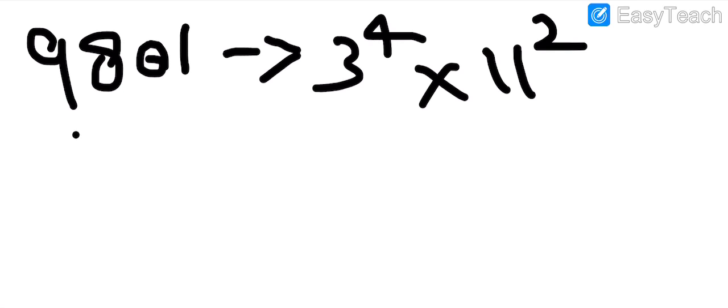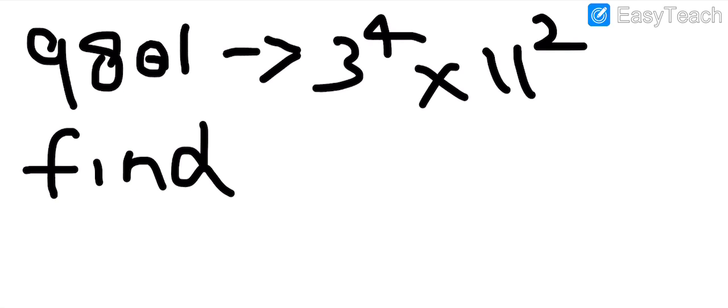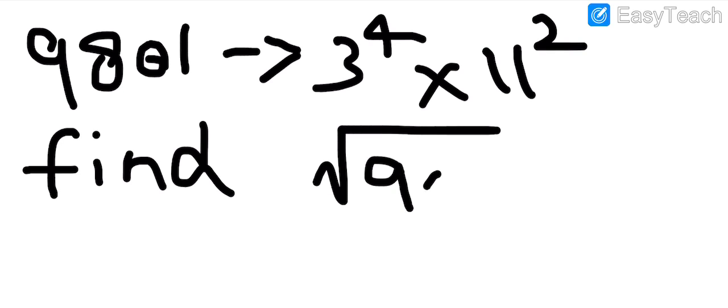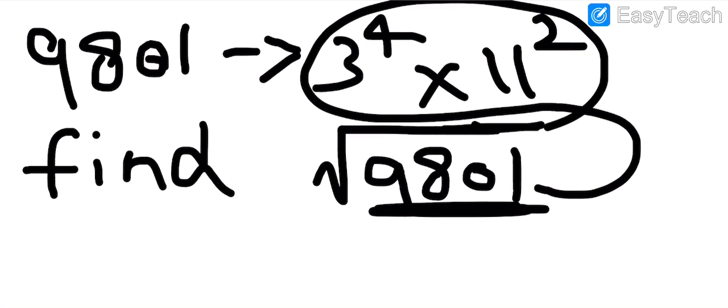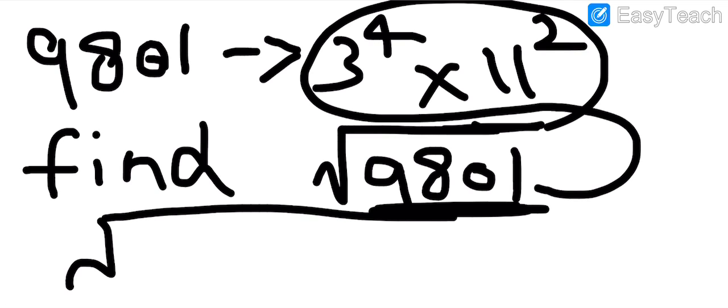Now they said find under root of 9801 without using a calculator. That's the condition they have given in question number 4. It's very easy since they already told us that this thing is equals to these factors, right? So what we simply do, we will put these given factors in the under root because this thing is equals to this. So we'll write 3 power 4 into 11 power 2.